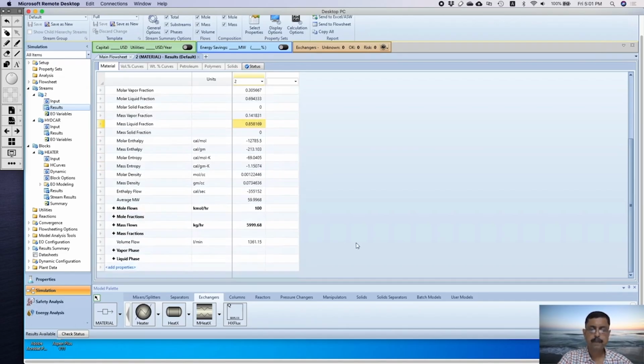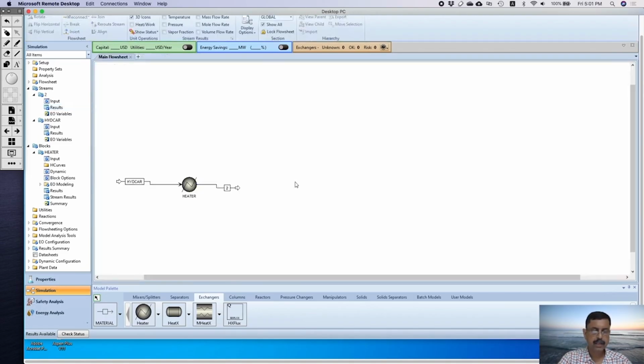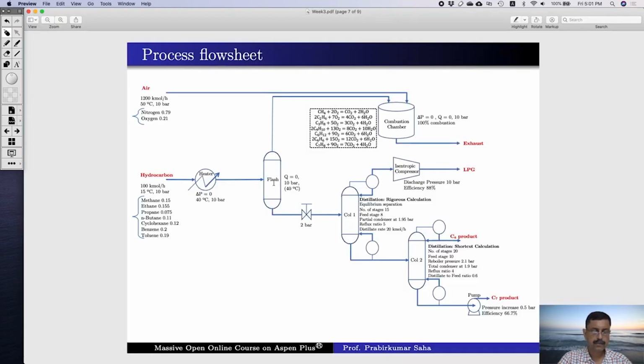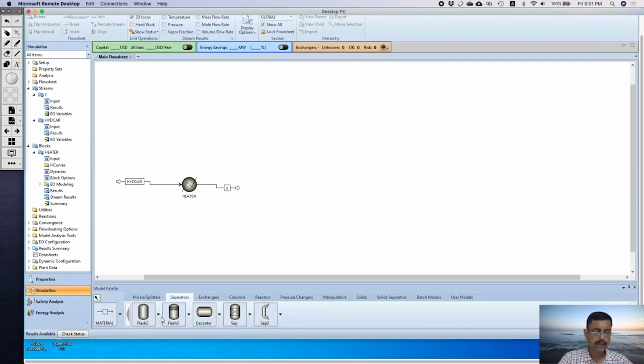Now we have to add a flash over here followed by a valve. So flash, we will use this. This is 2 outlet flash and this is 3 outlet flash.